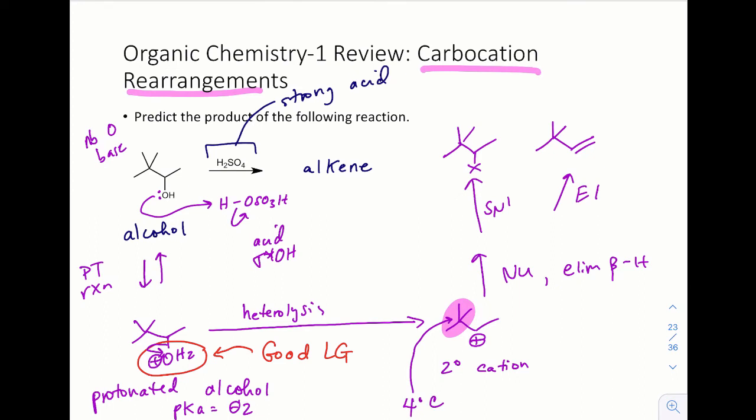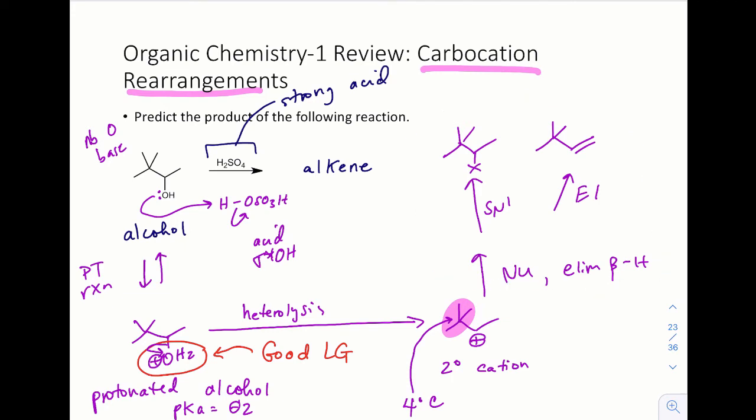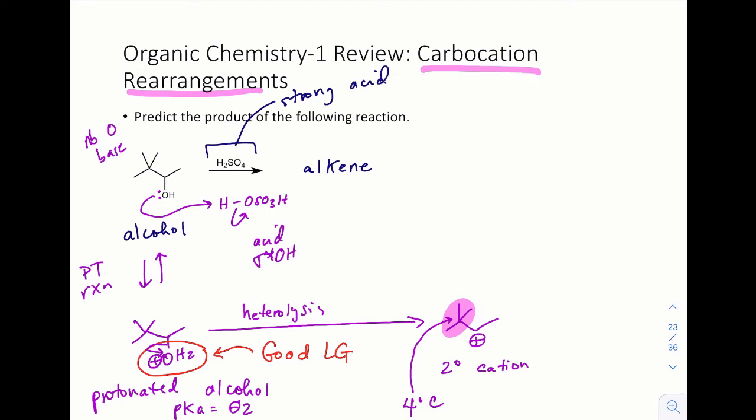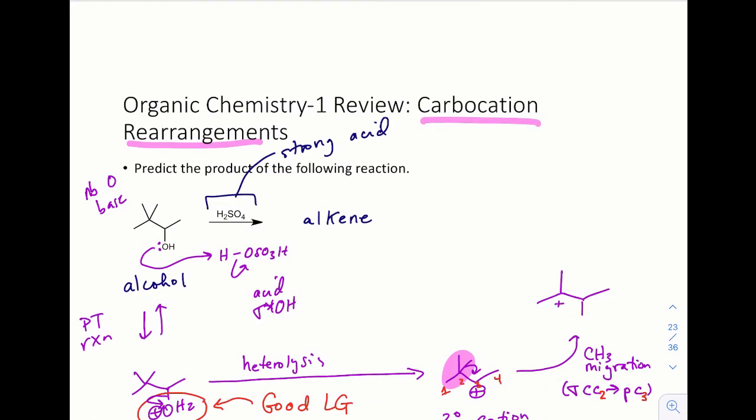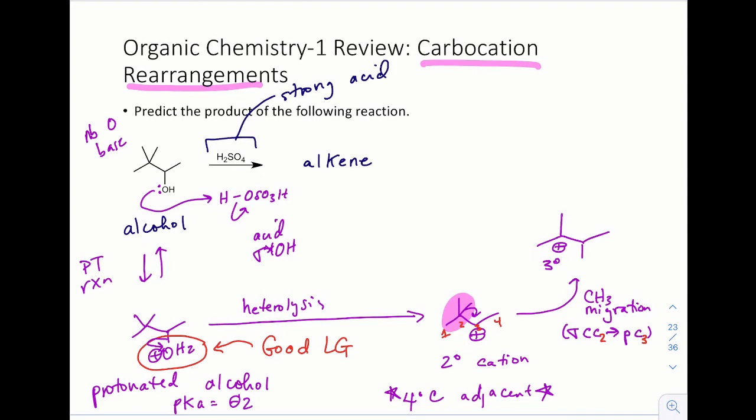So instead of this cation reacting with some external reagent via SN1 or E1 pathways, what happens instead is one of these methyl groups on that quaternary carbon migrates over, generating now a tertiary carbocation, which we know is more stable than a secondary carbocation.